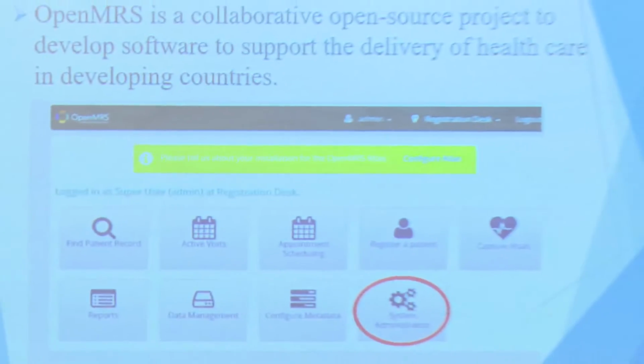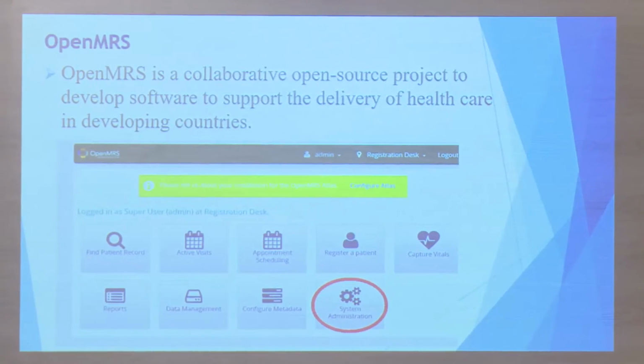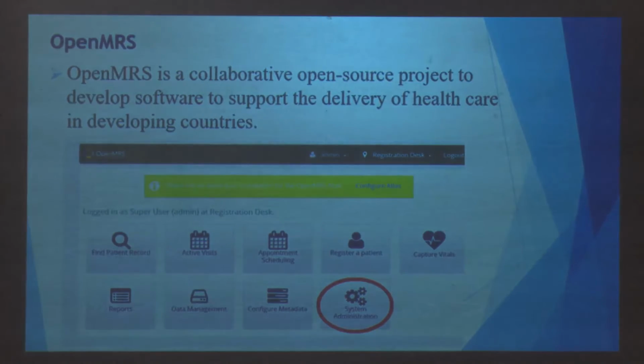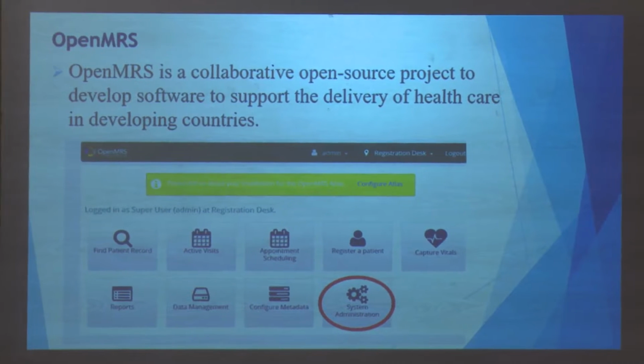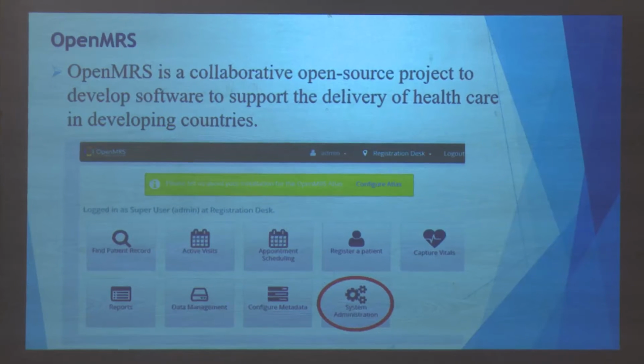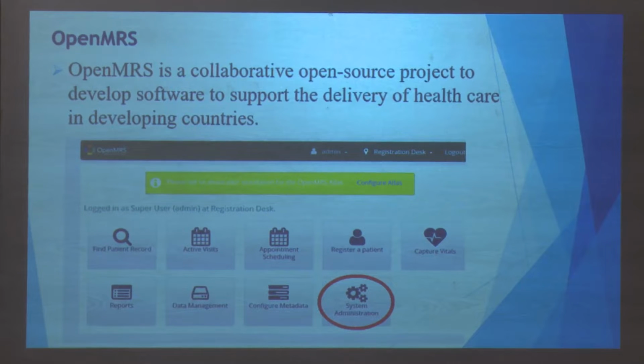OpenMRS, you ask, what is OpenMRS? OpenMRS is a collaborative open source project to develop software to support the delivery of healthcare in developing countries. This is basically an EMR, but WHO considered that there are many countries that don't have that much resource to develop a big system, and they don't have the budget either.